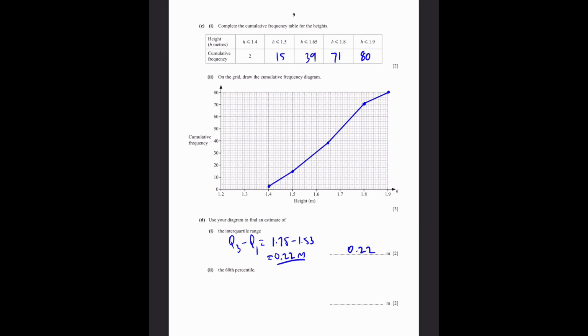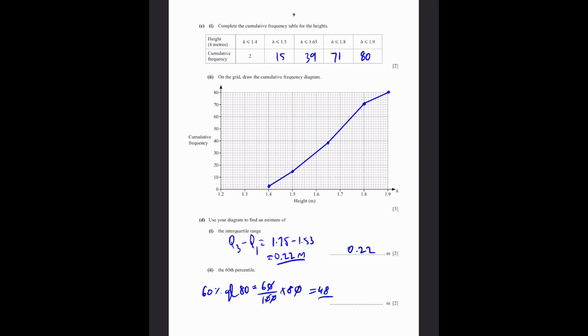Now I can go to part 2, the 60th percentile. So 60th percentile of 80 will be 60% of 80, which is equal to 60 by 100 into 80. We can cancel out some zeros to get 48. By the way, why am I taking 80 and not 1.9 or something here? Because 80 is the total cumulative frequency, the highest possible cumulative frequency, or in other words, the total number of children.